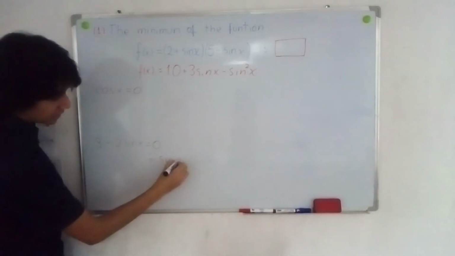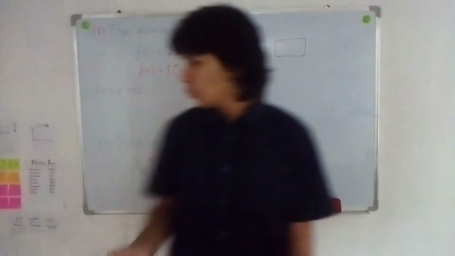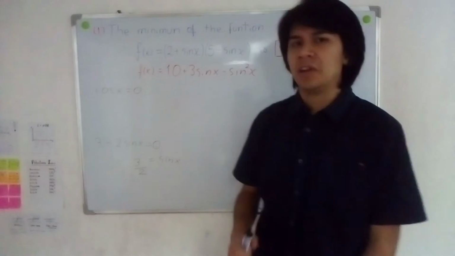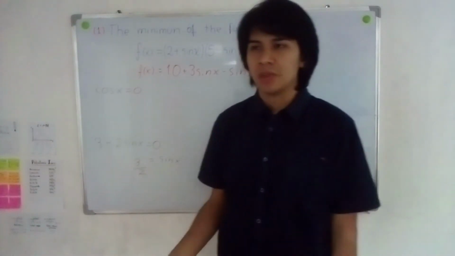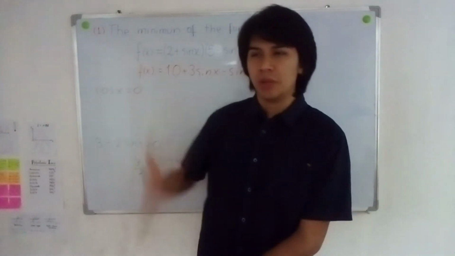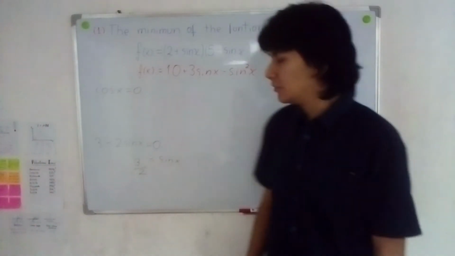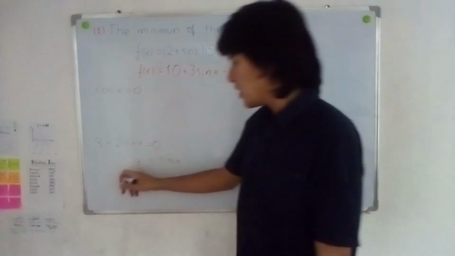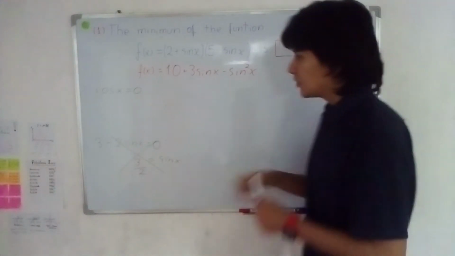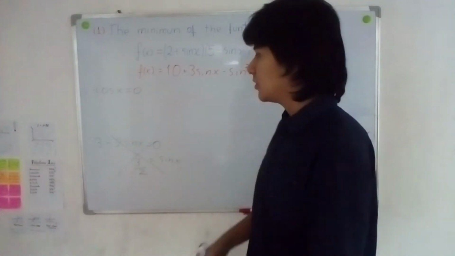Sine of x is 3 divided by 2. And this is a weird answer, because sine of x cannot be 3 divided by 2, because sine of x is between minus 1 and 1. That is the wrong answer. It can never happen. And what happens when cosine of x is equal to 0?